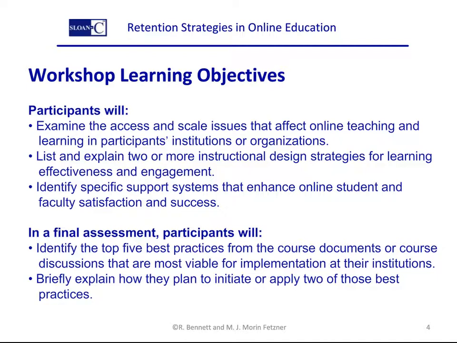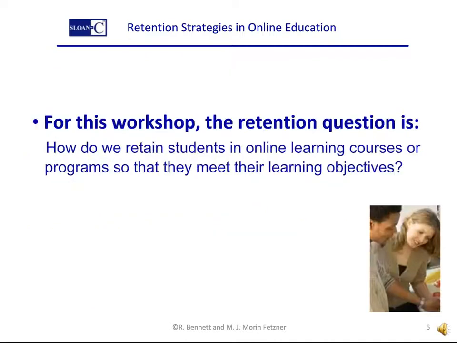In the final assessment, if you wish to have a certificate, you will identify the top 5 best practices from the course in either the course documents or the discussions that are most viable for implementation at your institution. You'll also briefly explain how you plan to initiate or apply 2 of those best practices.